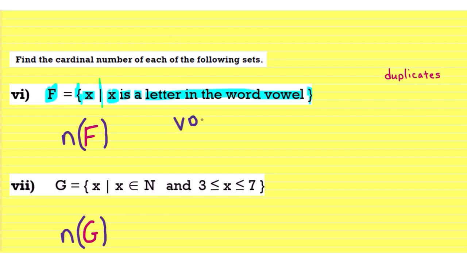V, O, W, E, L. And of course, we just want to make sure that we do not have any duplicates, and we do not. V, O, W, E, L are all unique or distinct letters. There are no duplicates. So we're going to count all the letters. So 1, 2, 3, 4, and 5. So that means that the cardinality of set F is equal to 5.